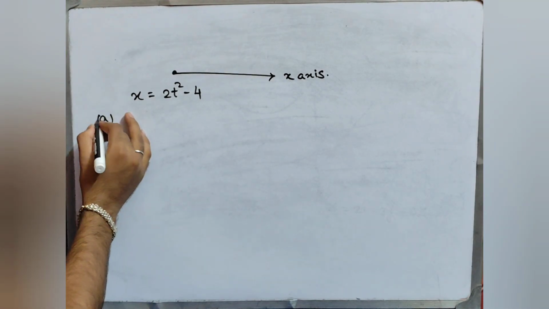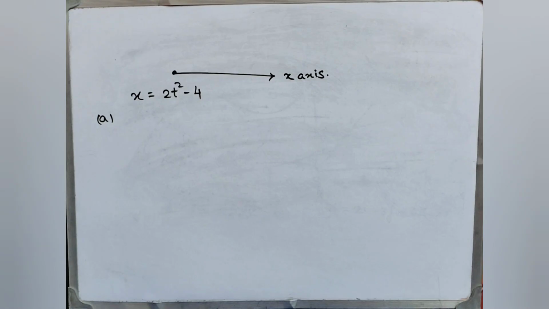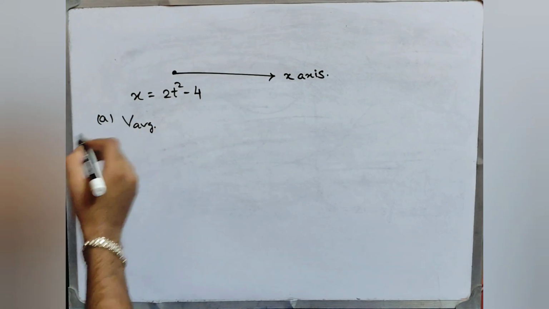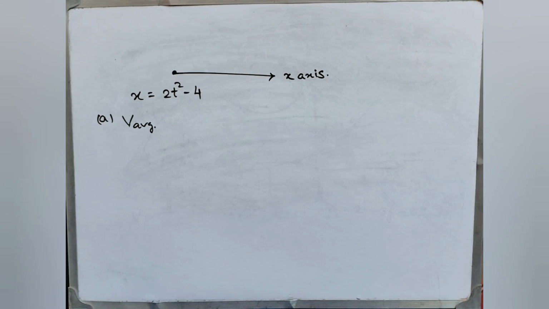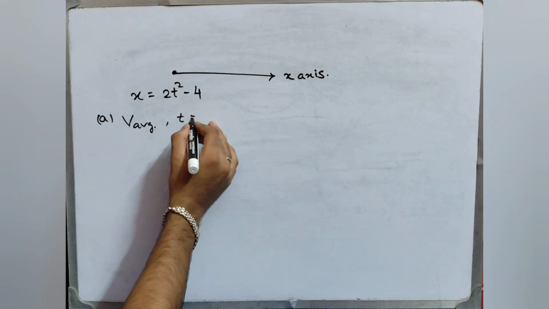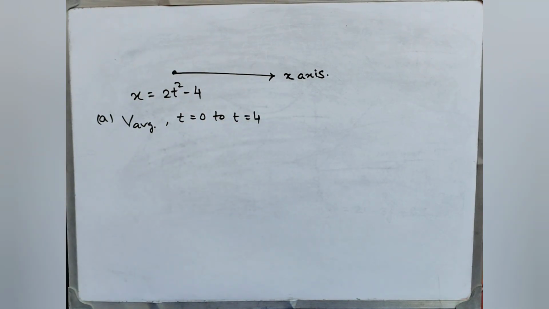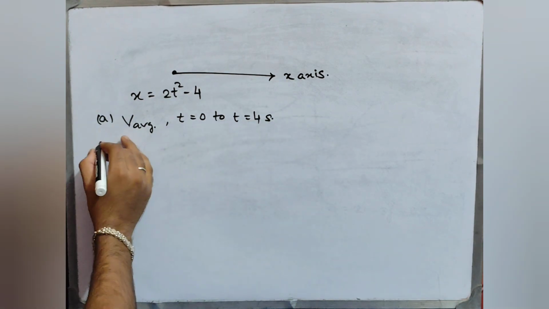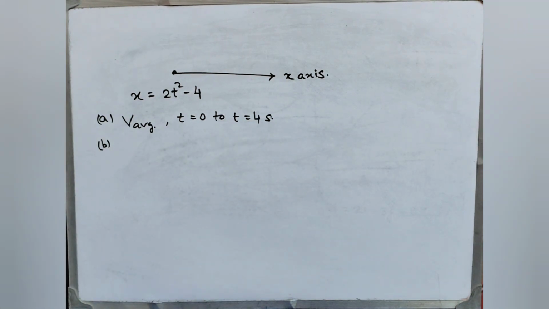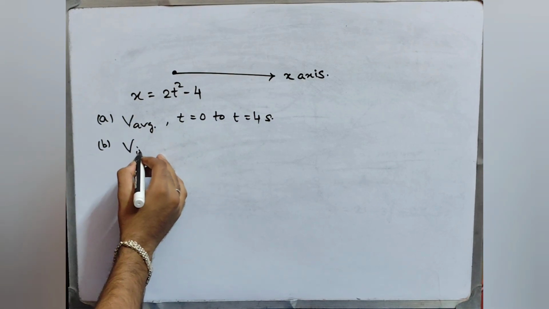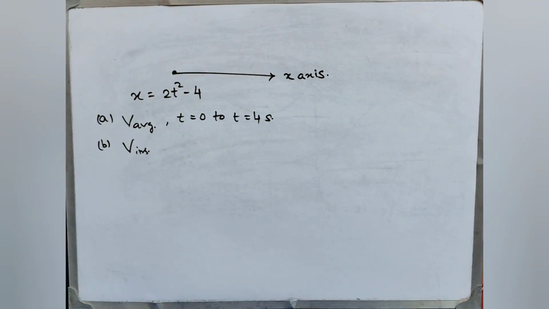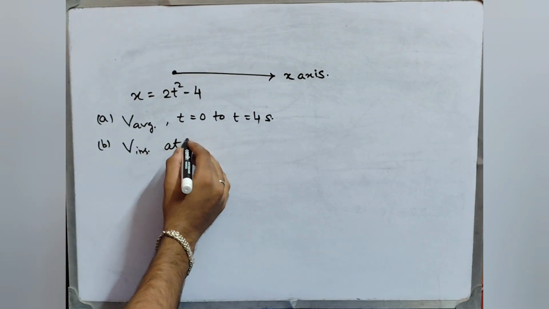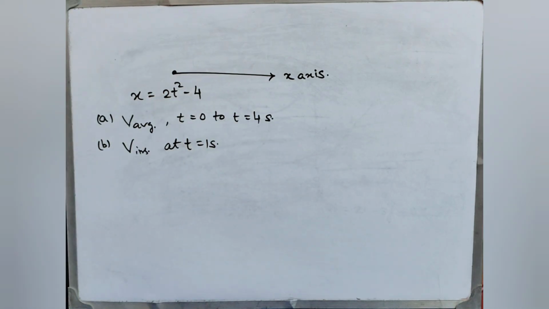Question number 1 is the average velocity of the particle in a time interval from t equal to 0 to t equal to 4 seconds. And question number 2 is the instantaneous velocity of the particle at t equal to 1 second.